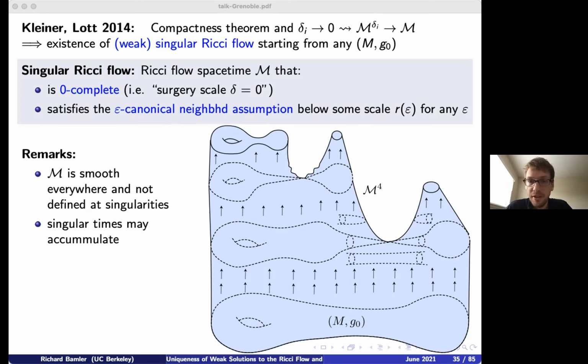Okay, so more specifically, what we show is the following: we show that there is a constant epsilon can, some universal constant, such that the following is true: every Ricci flow spacetime is uniquely determined, of course, only up to isometry, by its initial time slice, provided that it is zero complete and satisfies the epsilon canonical neighborhood assumption below some positive scale.